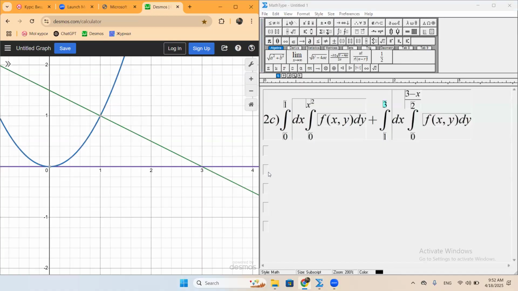And now let's express x via the y variable. First of all, let's look at how y changes, and y changes from 0 to 1, as we can see. And what about x? Expressing variable x via y, this curve will be square root of y.